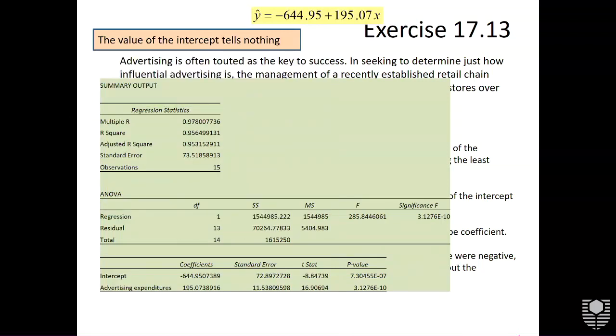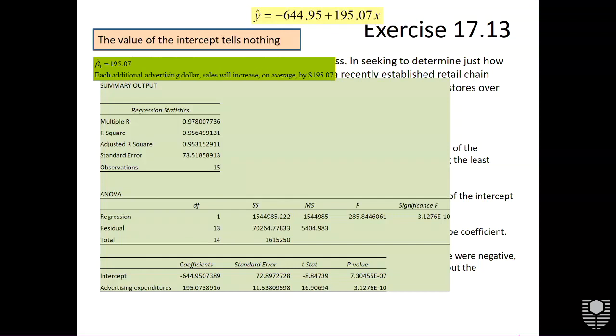What's the third requirement, guys? Interpretation of the slope coefficient. You just check the sign of the slope coefficient. So here it is positive, right? That means there is a positive association between x and y.